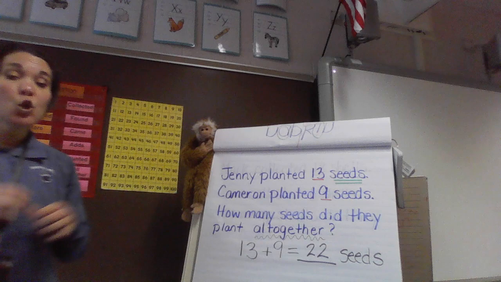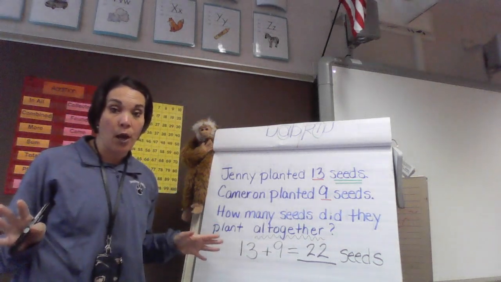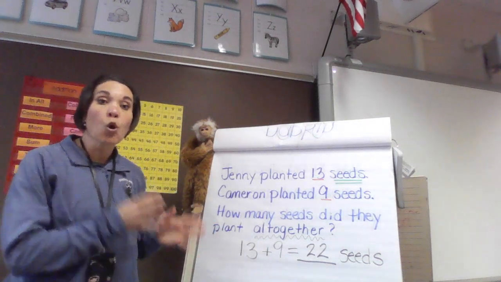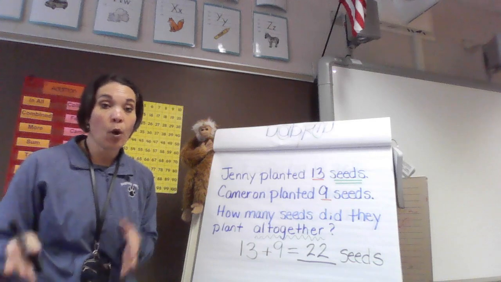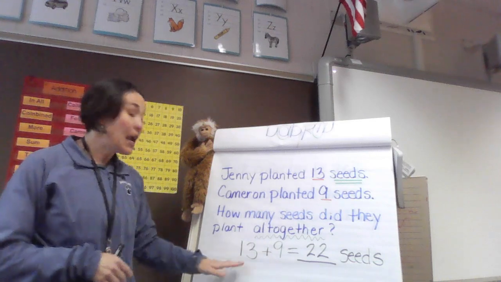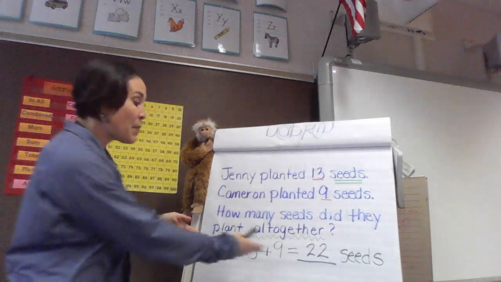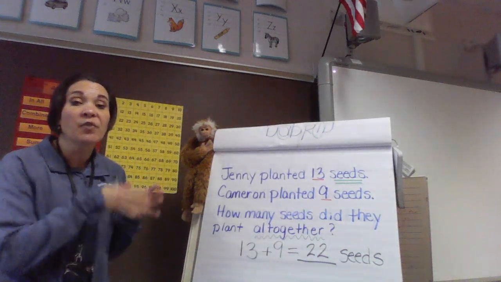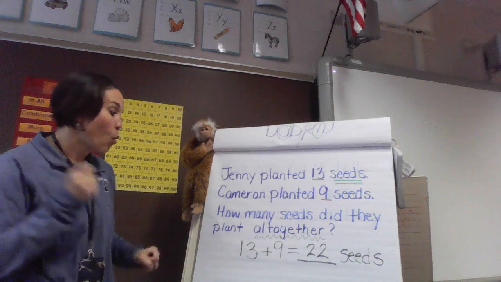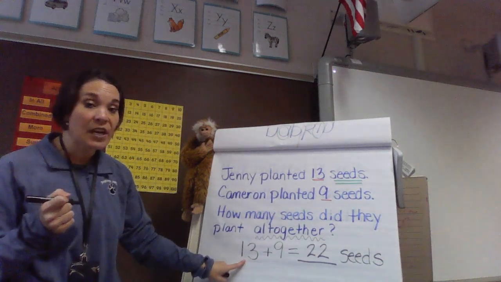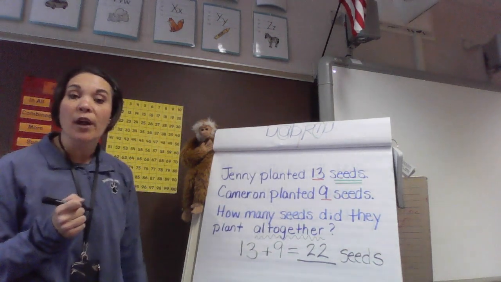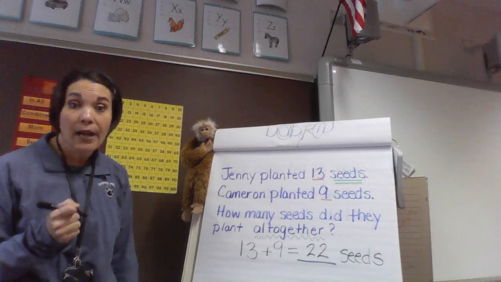Now, maybe you might not have a hundreds chart at home. So what else can you do? Well, maybe I could still do the 13 and 9 more, but maybe I could draw a picture of the smaller number. So I might want to have 13, leave that alone, but maybe I want to draw 9 circles under the 9.